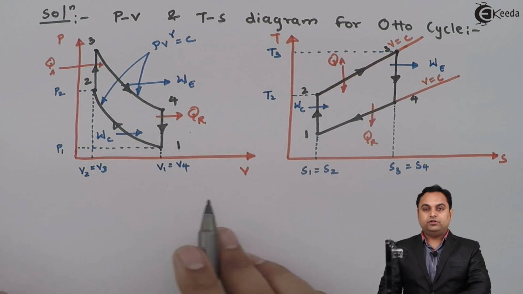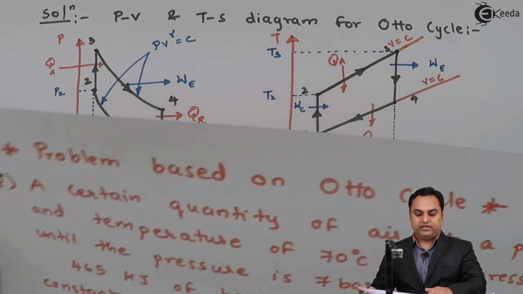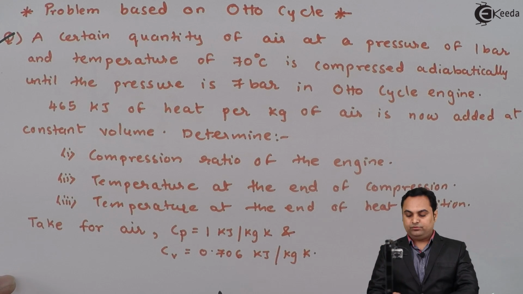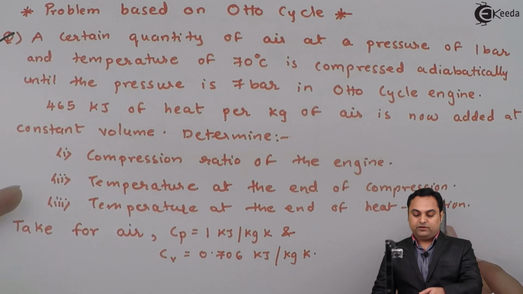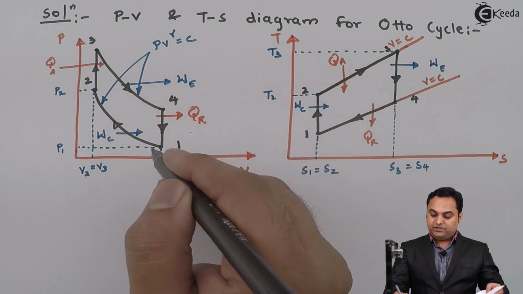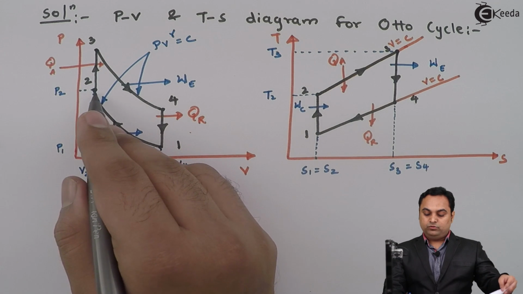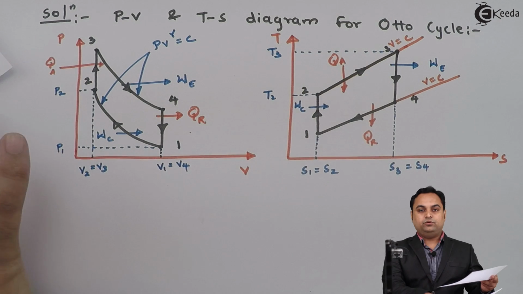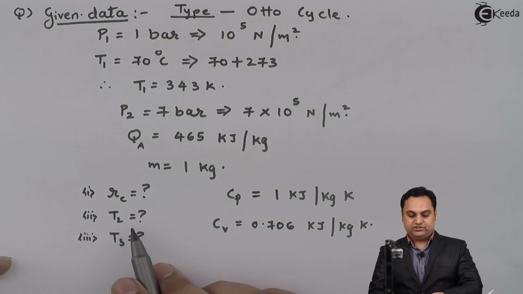Now once we have drawn the PV and TS diagram, I can explain again what we have to calculate here. The first thing is the compression ratio of the engine, which is denoted as R suffix C. Next is the temperature at the end of compression. Compression starts from point number 1 and gets completed at point number 2, so we have to find the value of T2 as the second question.